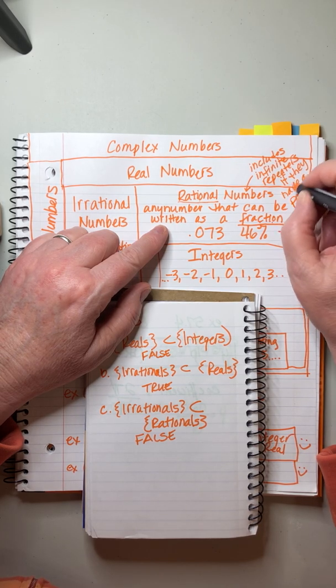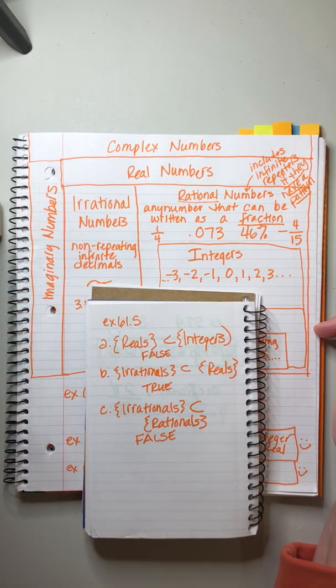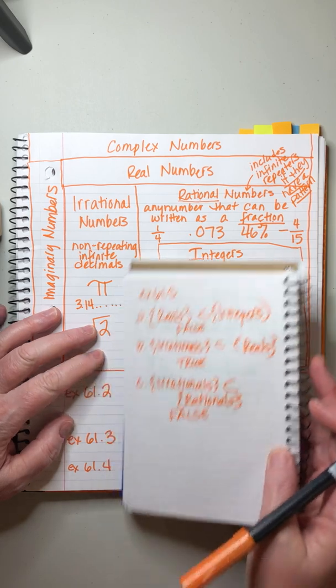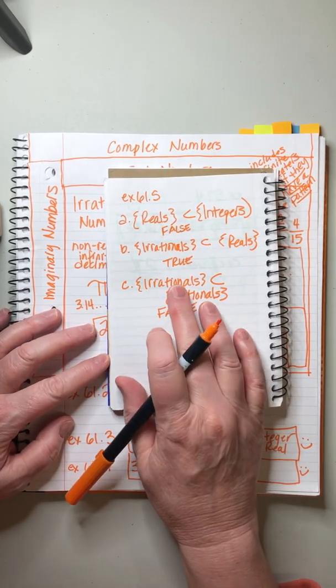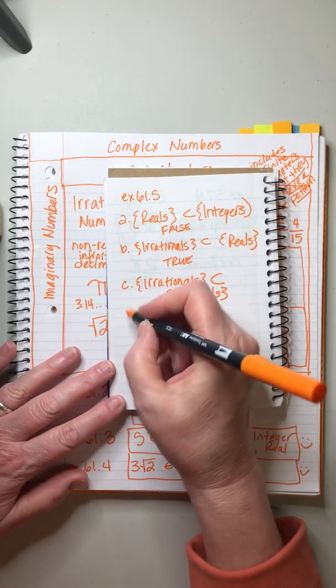They have to have a pattern to their repetition. And then we can write them as a fraction. And at the end of Algebra 2, we are going to learn how to do that. And I'm telling you, it's a trick you'll be using at parties. I promise you. Okay, so irrationals don't repeat. Rationals do. They're not connected.